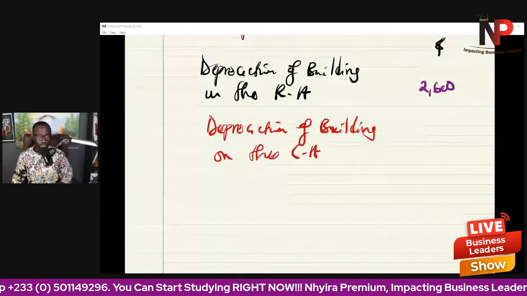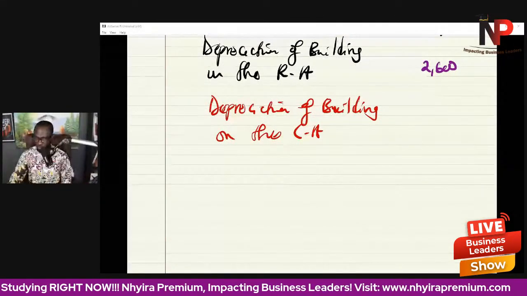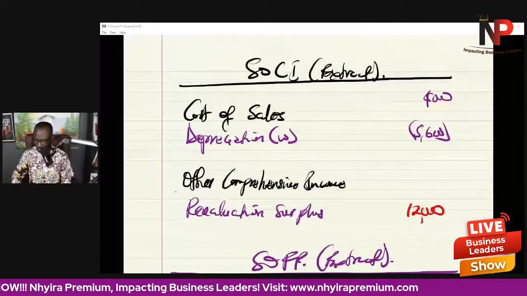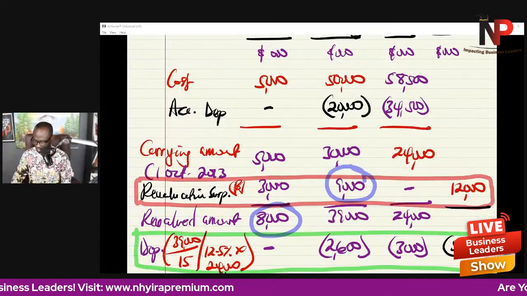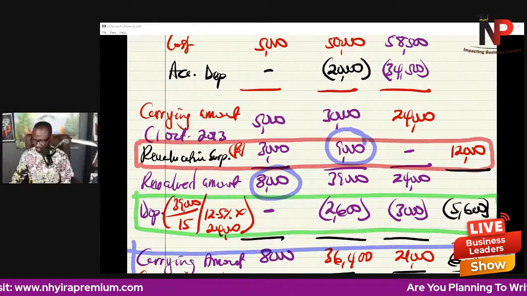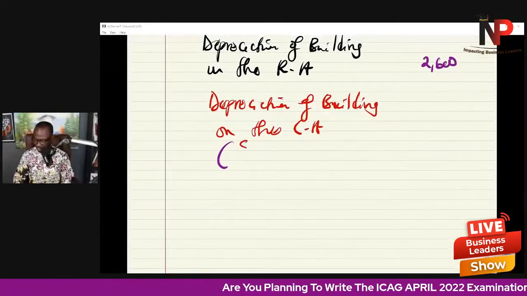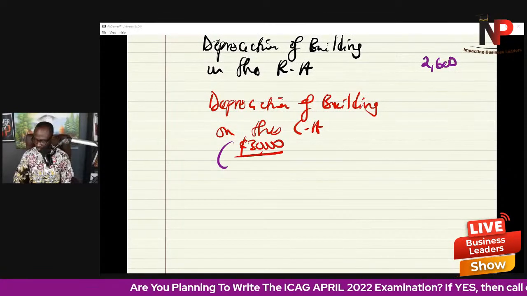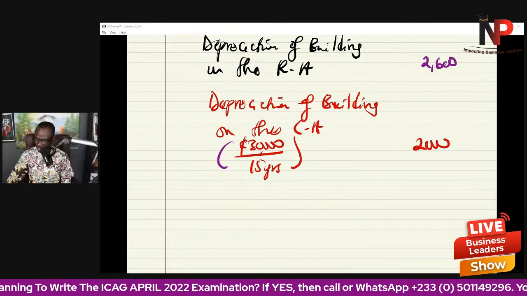Now, assuming we didn't revalue the asset, how much would have been the depreciation? The depreciation would have been the carrying amount, which is 30,000 divided by the remaining useful life. And that's 15 years. So that would have been 2,000.